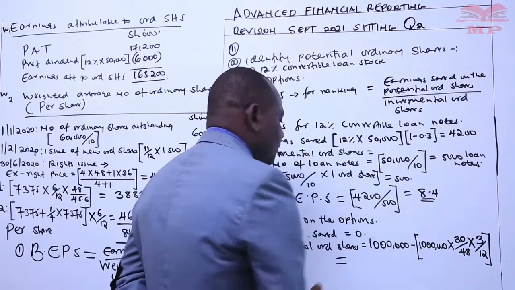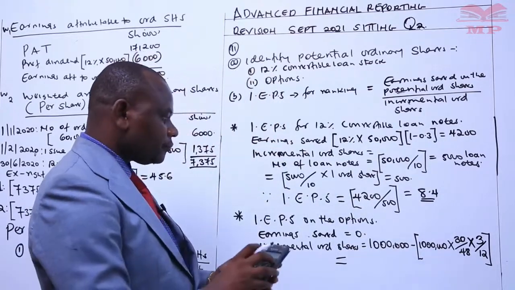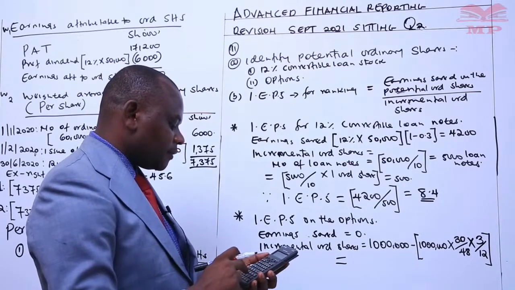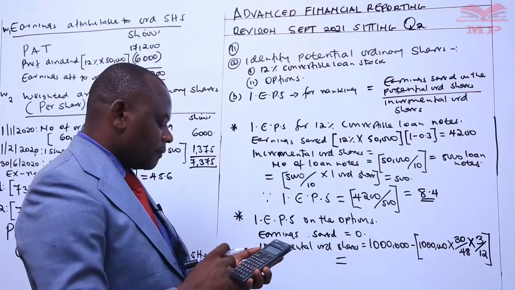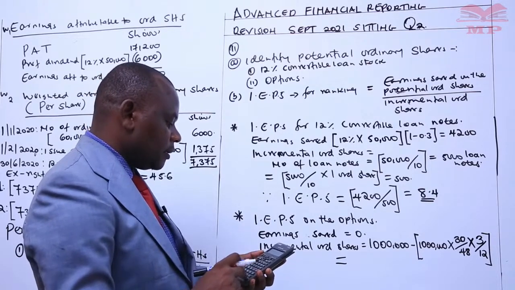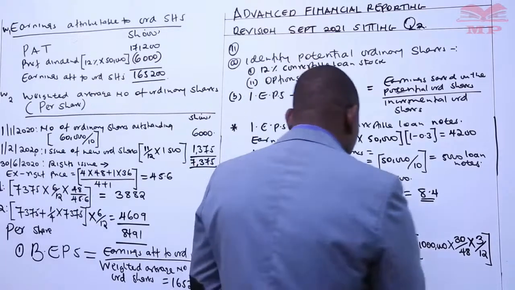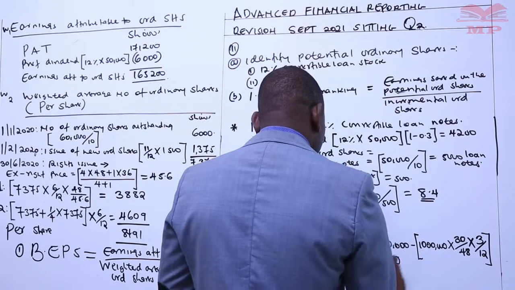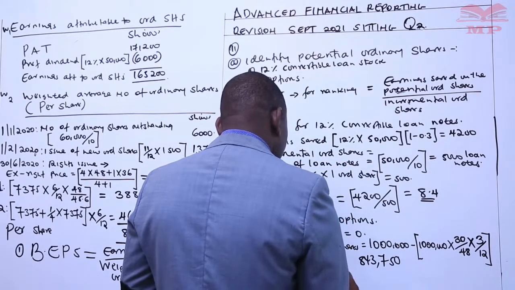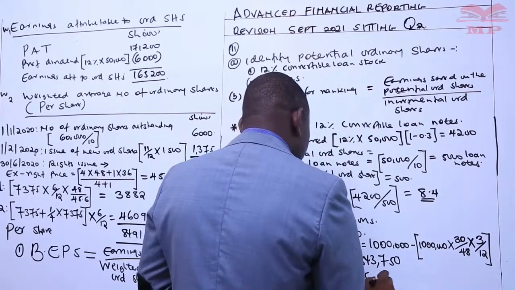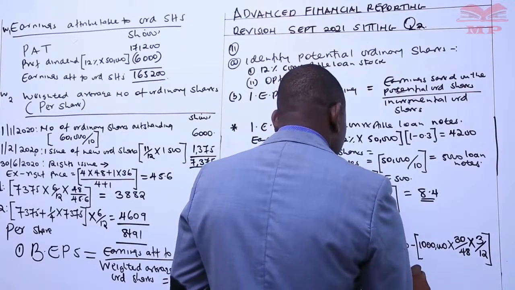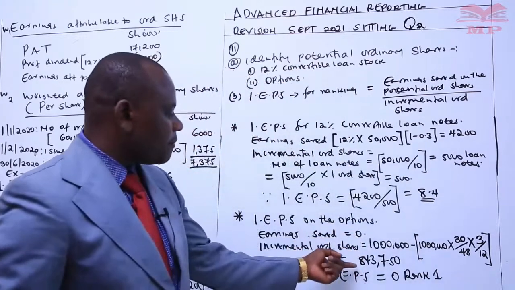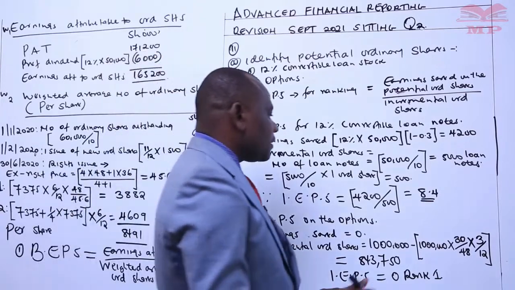If you do the math, you get 1 million minus 1 million times 30 divided by 48 times 0.25, which gives 843,750. Incremental EPS is 0. So this is ranked number 1. Why 0? Because 0 divided by this is 0. This is ranked number 2.